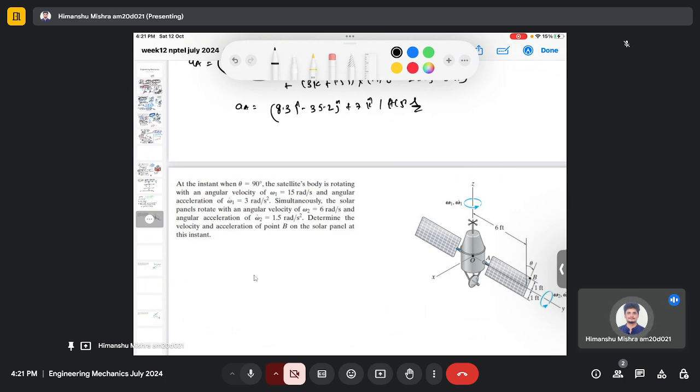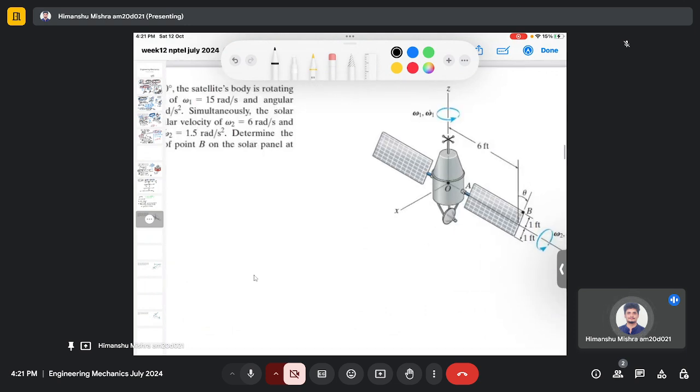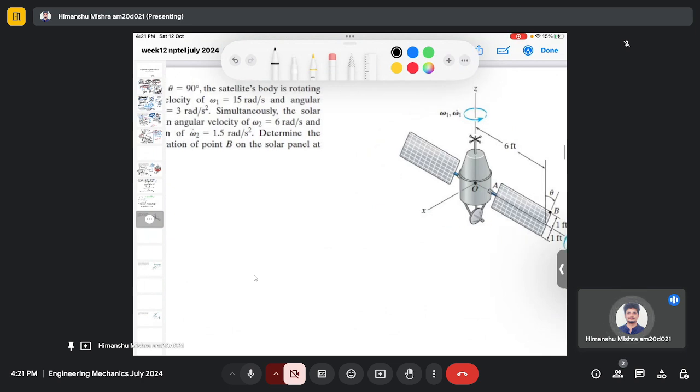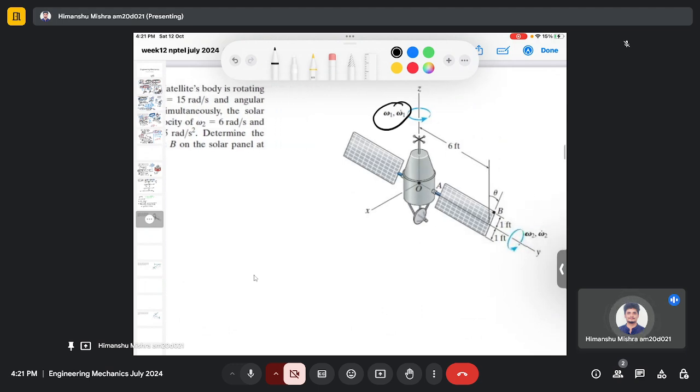Determine the velocity and acceleration of point B. So it's a similar problem to the two problems we have solved previously. It has been given that the satellite is moving with the angular velocity omega 1 and there is a solar panel which is rotating with the angular velocity omega 2.